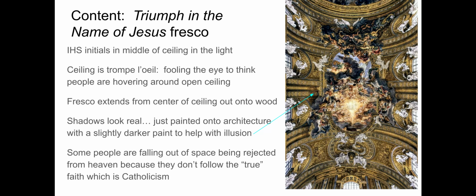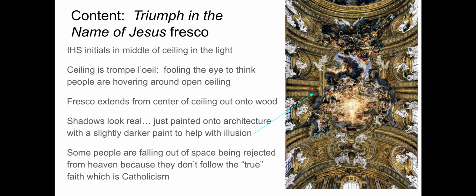So it looks like there's people hovering on and around the architecture beyond the scope of the opening that leads to heaven. And he paints this illusion of three-dimensional figures by darkening some of the architecture with shadows. He just paints a slightly dark paint over the architecture just to help with the illusion of cast shadows.